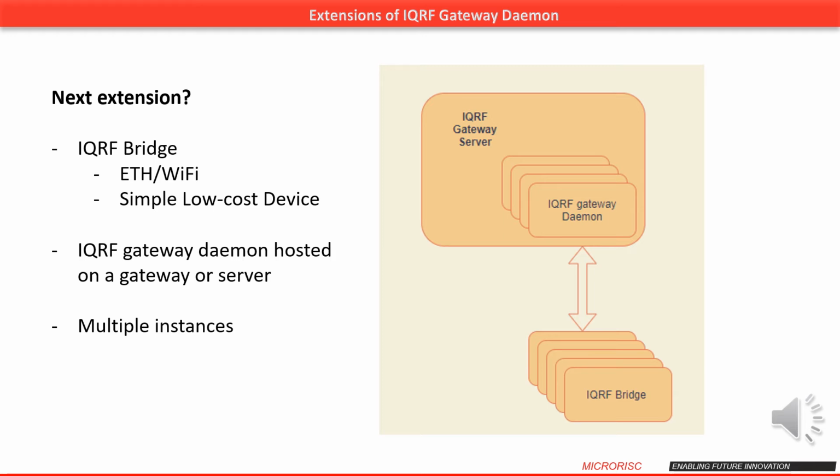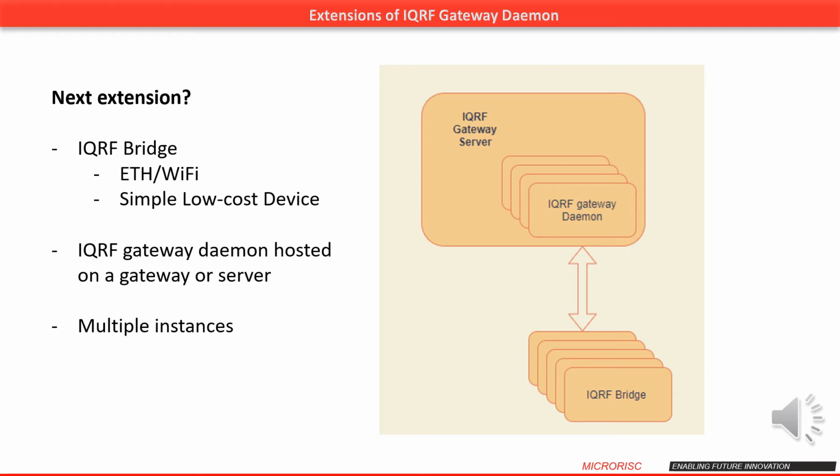As a next step, we are working on extending the communication possibilities with an Iqrf Bridge device. This is a simple and cheap device whose task is only to provide connectivity to the Iqrf network via Ethernet or Wi-Fi, and thus to replace the Iqrf gateway in some cases.